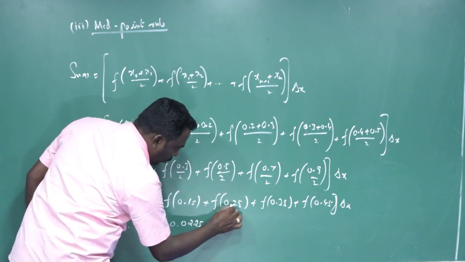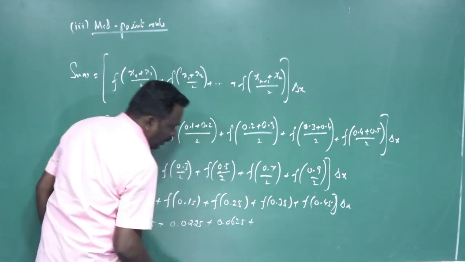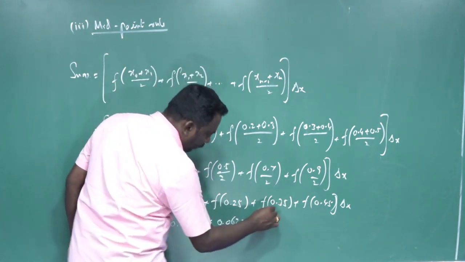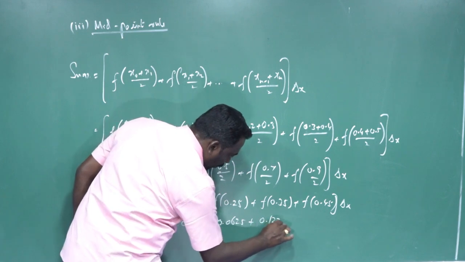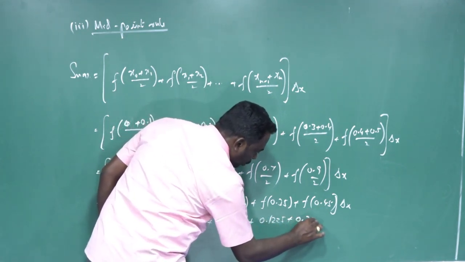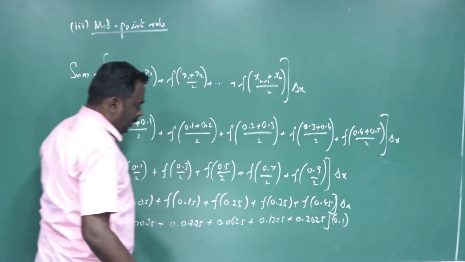Therefore 0.25 equal to 0.0625 and 35 equal to 0.1225. Therefore 0.1225 plus 0.45 equal to 0.2025, into 0.1, which is the delta x value.